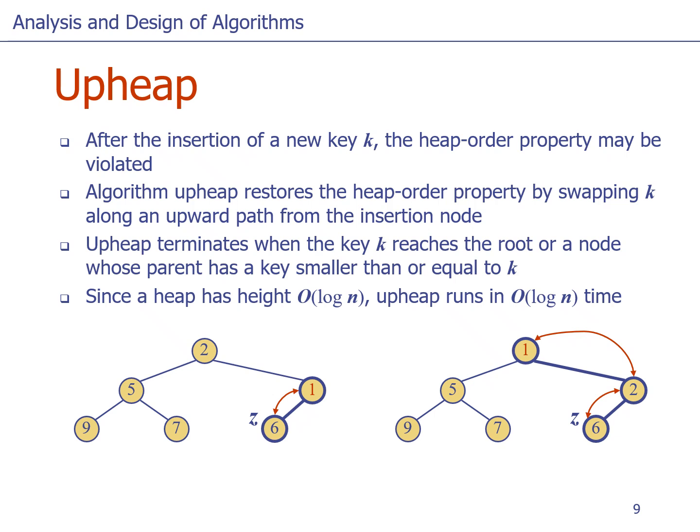Since the invariant here is that the child should be greater than or equal to the parent, and this is violated because 1 is less than the parent, I upheap 1 by exchanging its location with 6, and then I check the parent of 1, which is 2, and again that results in a violation of the heap property, so I swap the 1 with the 2.